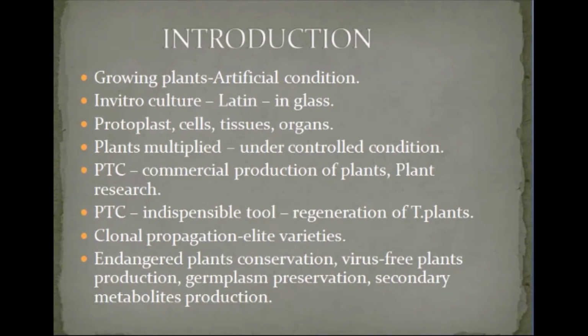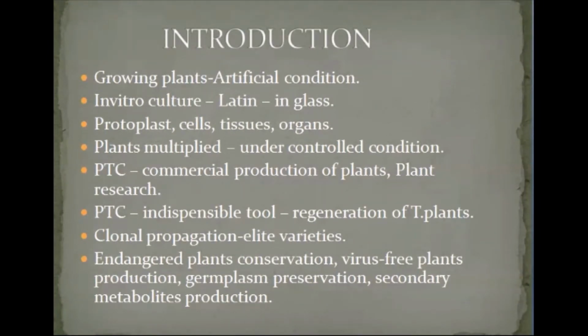But 1 centimeter of plant material like a leaf or a stem, whatever it is, has the ability to produce nearly 10 to 15 plantlets. That cannot be achieved by using seeds.